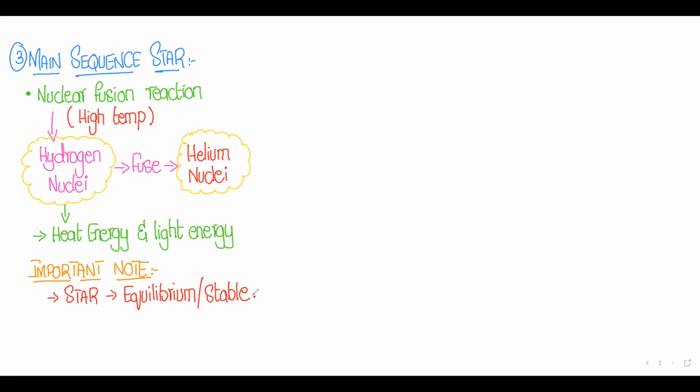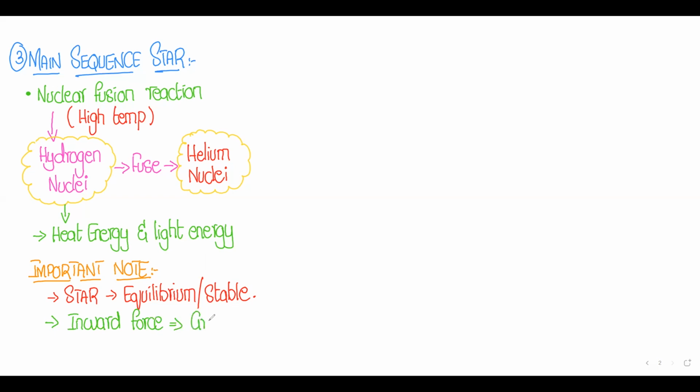And on this stage, one more important thing, we talk about the force of gravity and the fusion reaction, right? The fusion reaction tries to pull the star in an outward direction, just like the centrifugal force in circular motion, and the gravitational pull of the object will try to maintain the whole shape of that star with the help of gravity, right? But at a stable state, both forces are equal and opposite. So we have an inward force, which is due to gravity.